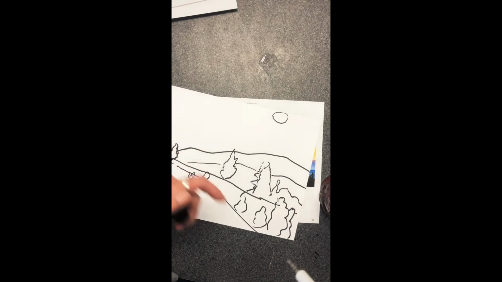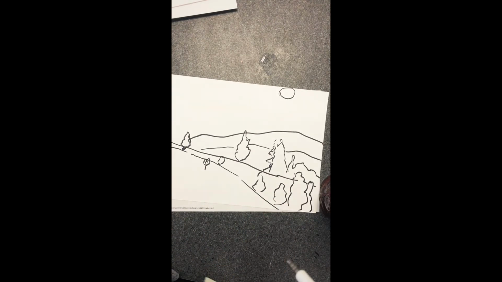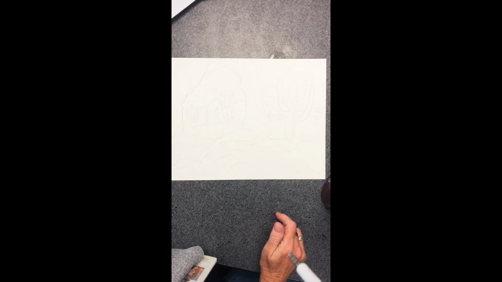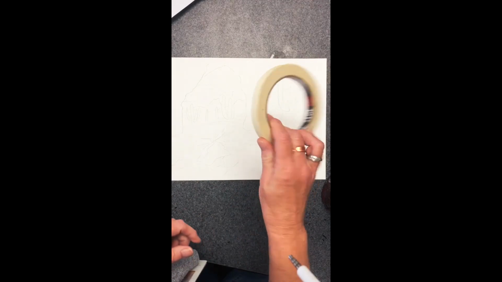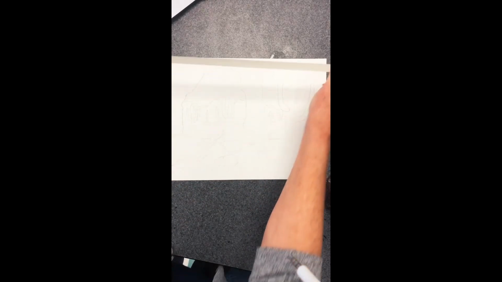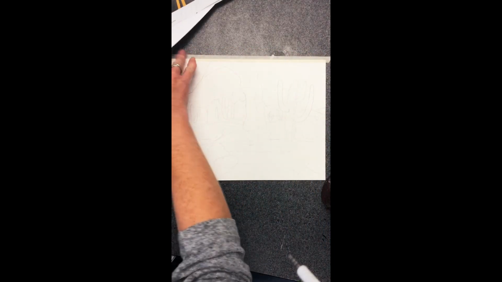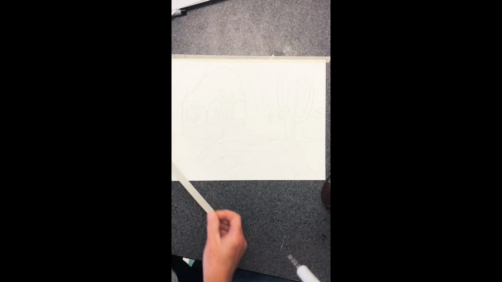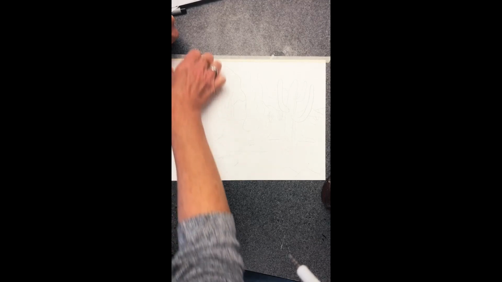Next, what we're gonna do is start the watercolor part. So I'm gonna resketch one of these out in pencil on watercolor paper, and I'll show you how to get started with those. Okay, before I start painting, I'm going to be taping my paper down to the table, and I'm just going to use some of this thinner tape for watercolor, because when you're painting and your paper gets wet, it will tend to warp a little bit, and this will allow it to stay flat while you're working a little more, and it will help the paper stretch back out as it dries.